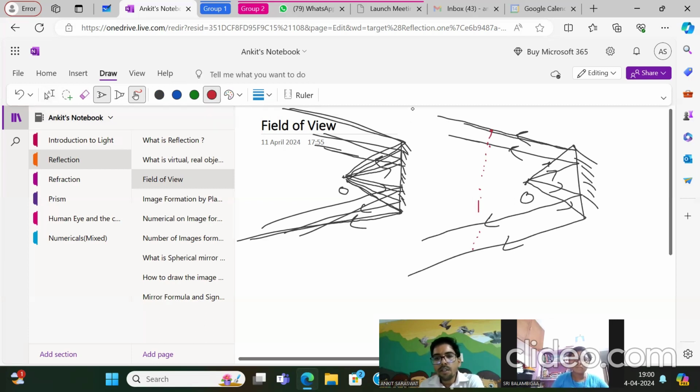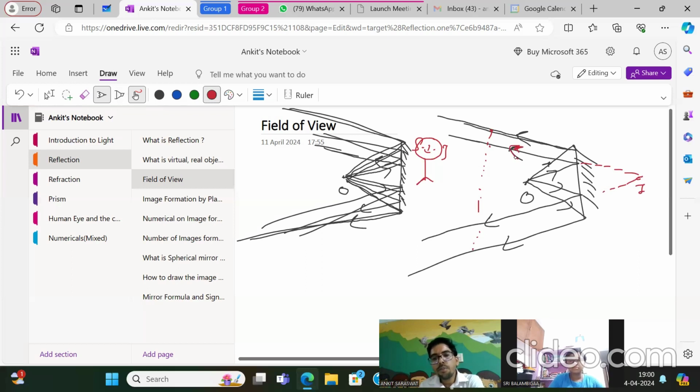So if anyone is standing here, for example, you are standing here, in your eye, reflected rays are entered and one virtual image is formed. At the back, you are looking at the virtual image of these reflected rays. Clear?